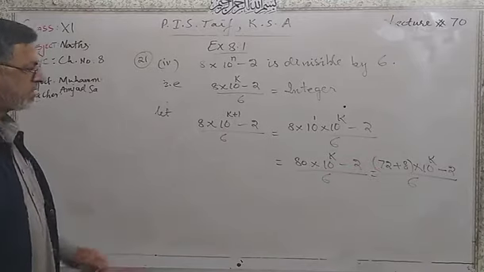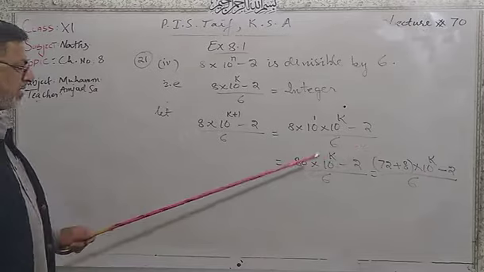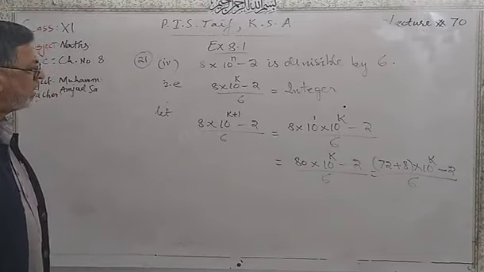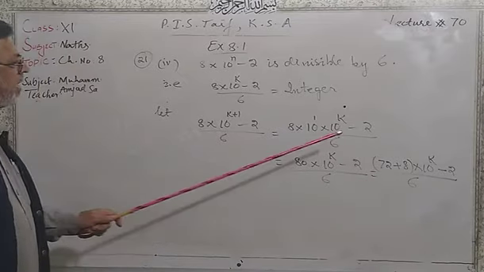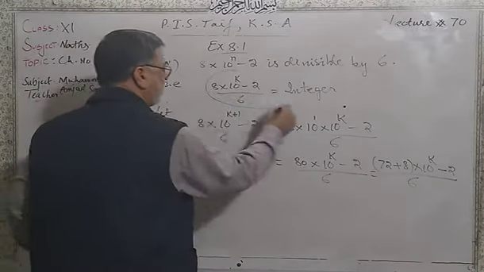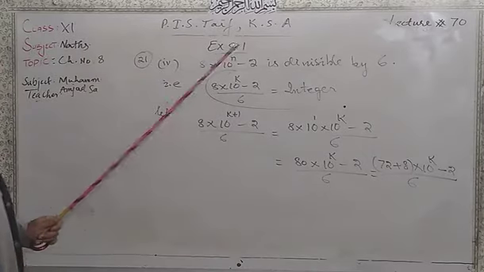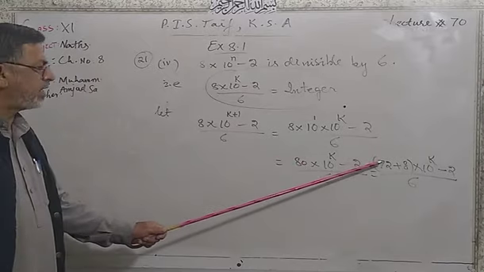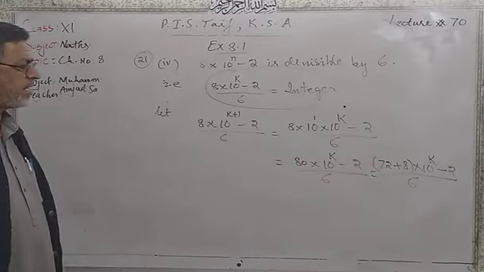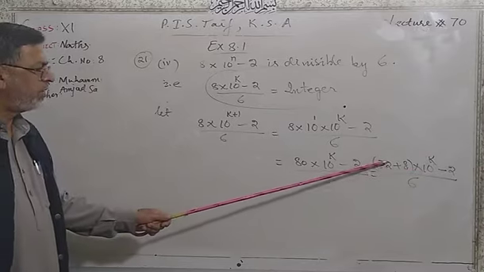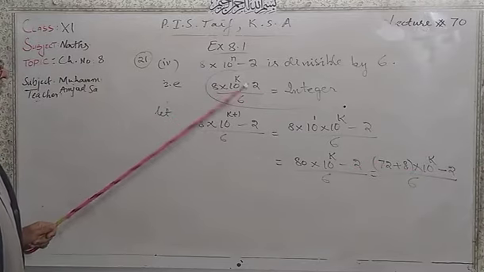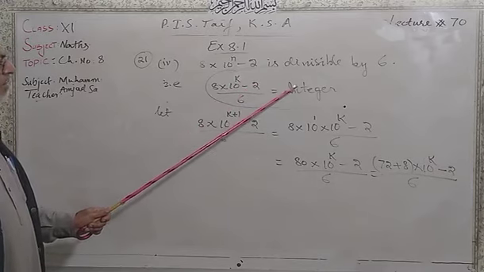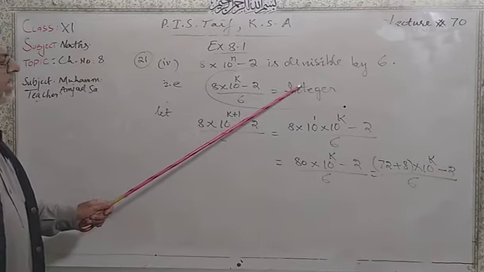Why am I writing this? Actually, I am writing it to make the expression in such a way that I can use this result. That's why I am breaking down 80 as 72 + 8. So when you open it up, you will get this expression. Actually, this is the fraction which may cause confusion about being an integer.